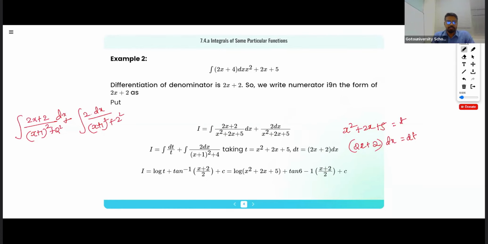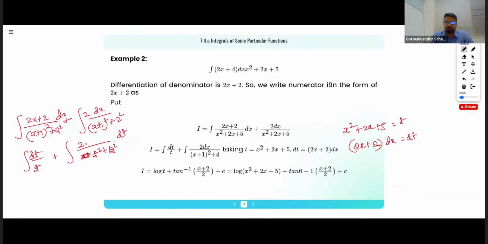So this becomes our denominator. So our problem now changes to the integral of dt by t, yes, plus the integral of 2 divided by t square plus 2 square into dt. Am I right?